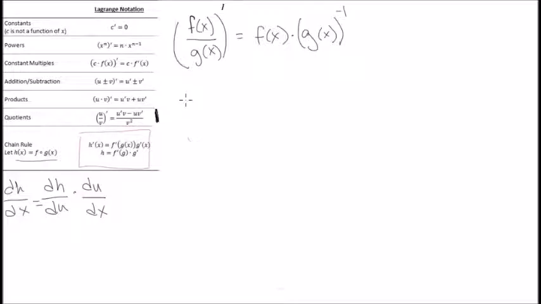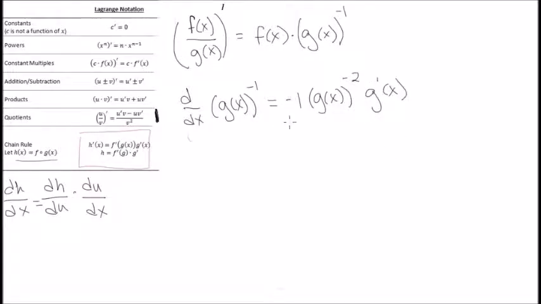So if I wanted to take the derivative of g of x to the negative 1, what I need to do is apply the chain rule. I bring the negative 1 down. I get g of x to the negative 2 times g prime of x. Okay, so that's me just applying the chain rule to this second term.